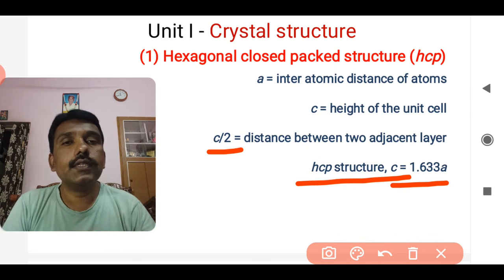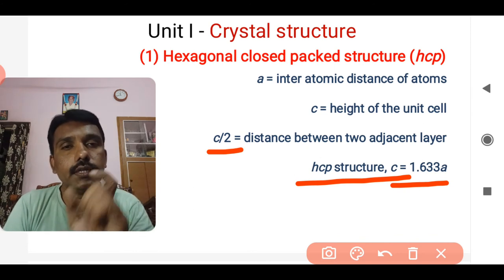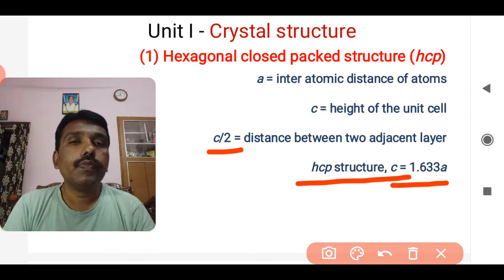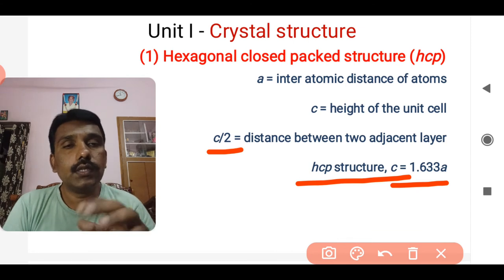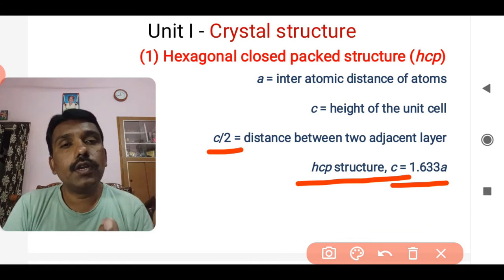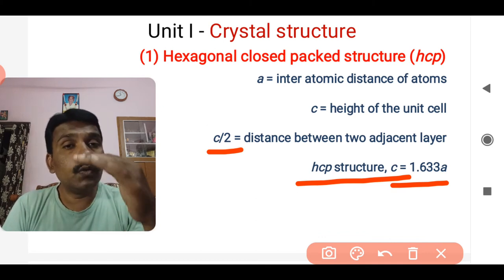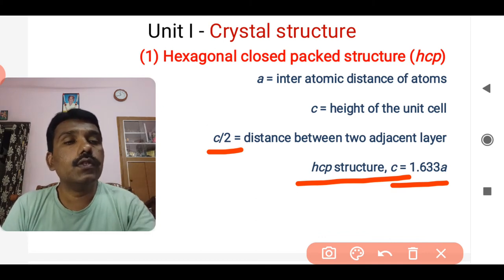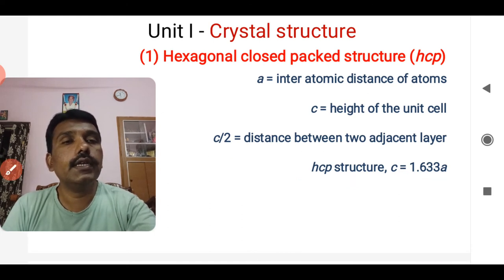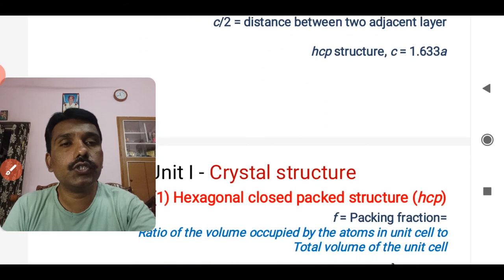So, whatever the interatomic distance is, if you multiply it by that factor, you get the layer to layer height. This is what is represented here in the HCP, the relationship between the height and the interatomic distances.